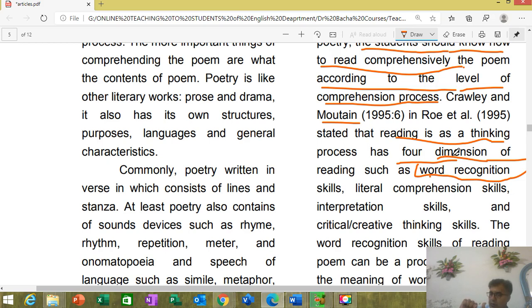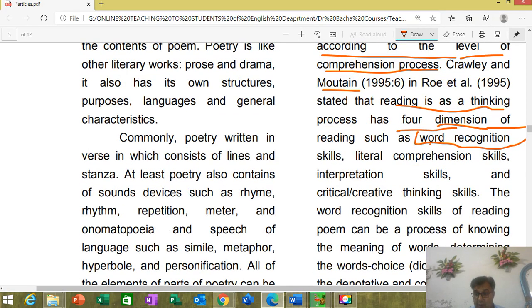Word recognition: you have to recognize words. This skill should be in you. The literal comprehension skill: what does it literally and contextually mean. And interpretation skill: interpretation means the contextual, or how you interpret it. And then critical and creative thinking skill. So you have to look at these things and understand.